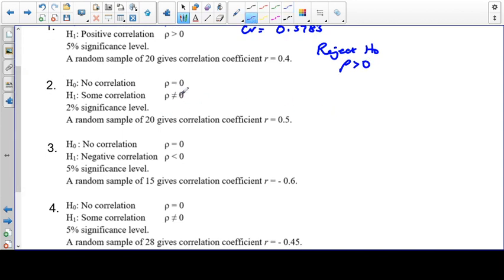Second one, two-tailed because of this, which means you're going to look up from the 1% column. So you should have a critical value that is 0.5155. Because your sample is not as strong as that, we fail to reject H0. So therefore we can just say that rho is 0.